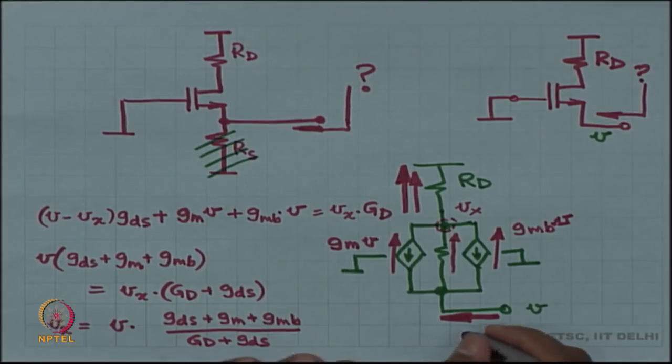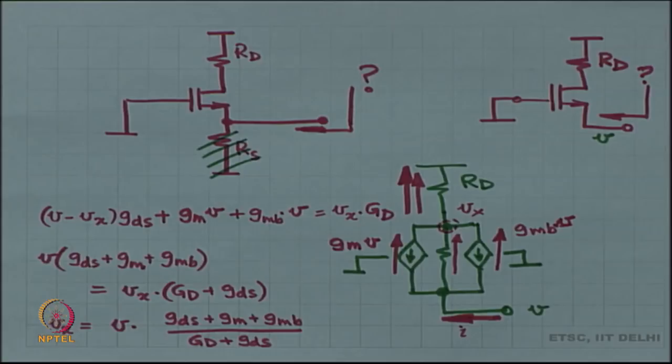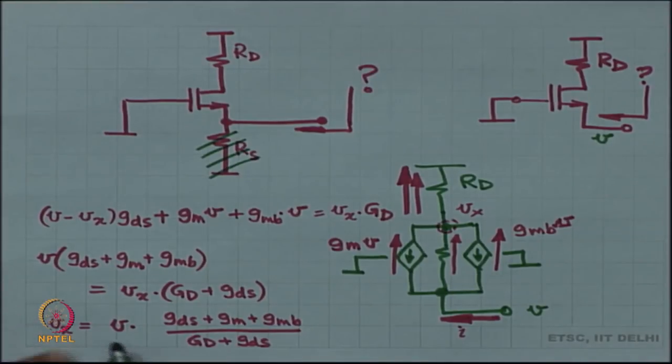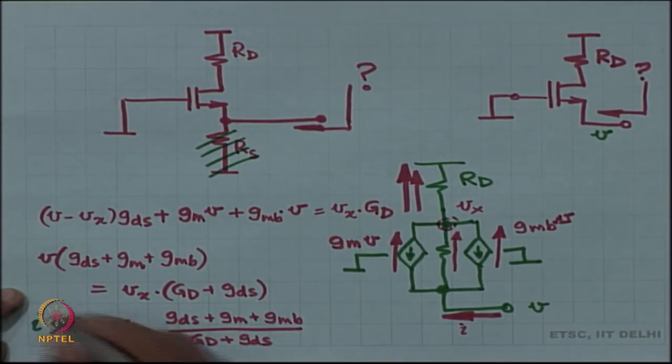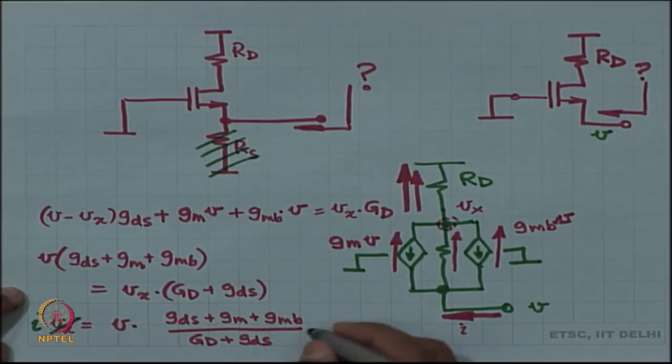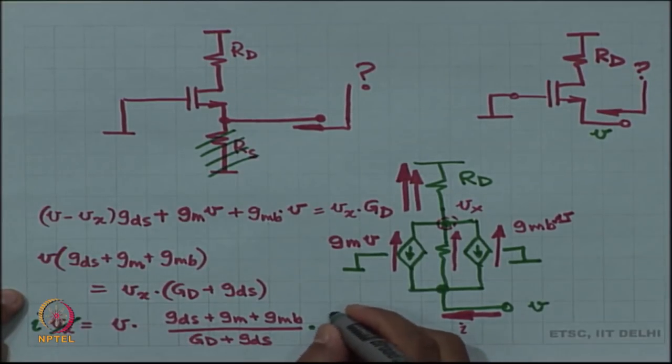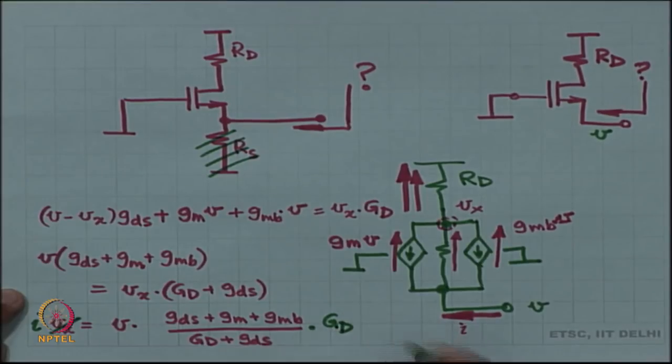So, the total current, let us call this total current I, is going to be Vx times gd. Fine, so far so good. Then what is the input impedance?